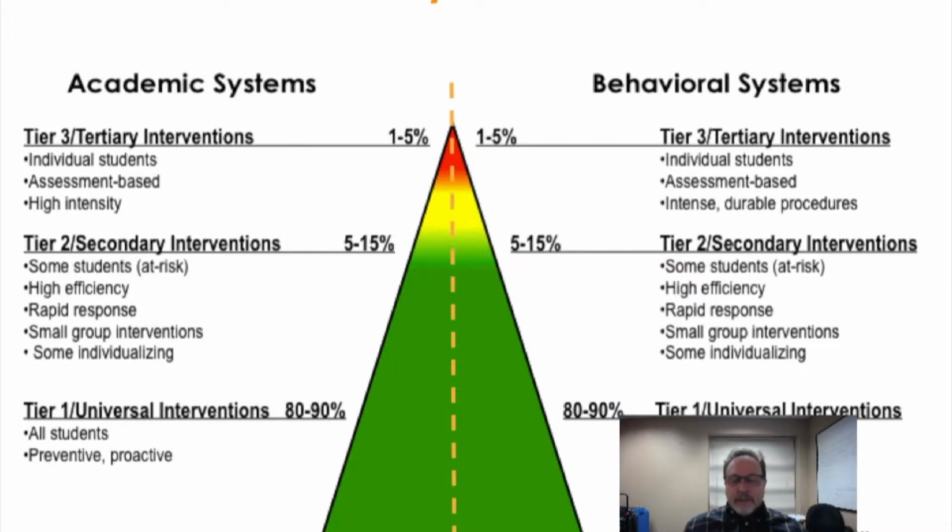The very same is true on the behavioral side of the triangle, where we provide universal support for all students through a school-wide behavior system. So there are school-wide behavioral expectations posted in public places as well as in classrooms. And the key idea here is that it's instructional, just like for academics, in that we seek to teach and emphasize and reward those behaviors that meet those expectations.